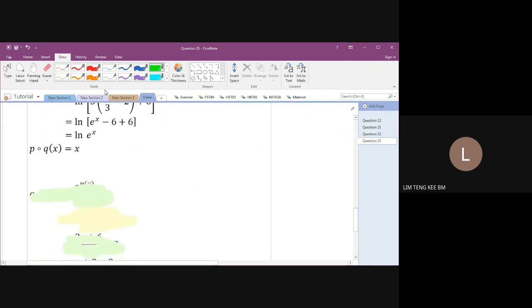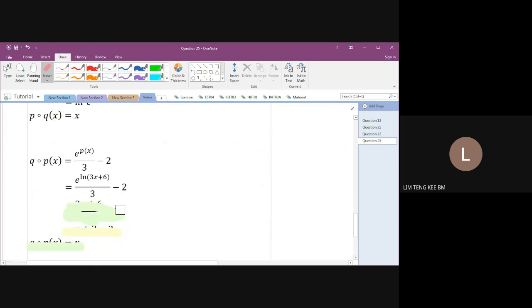The other one is QP, which means substituting P into the function of Q. With further substitutions, you find the answer here. Please be aware of this part I highlighted in green. I need to apply the knowledge that if I have an index term base a to the power of log, and coincidentally the log is also base a, then whatever is inside the log will be the result.